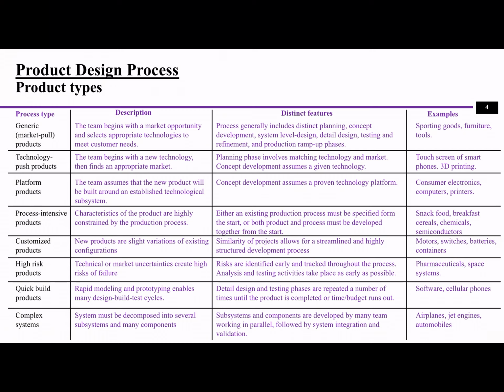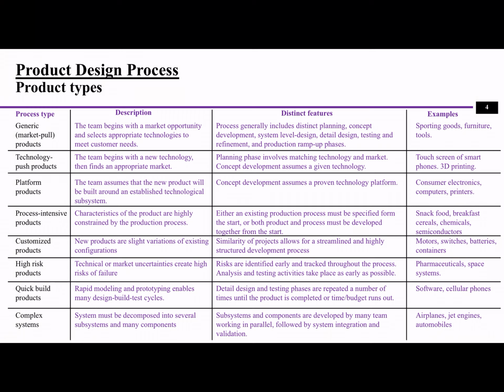Another type is complex systems. Complex system type products are more like jet engines, airplanes, automobiles. All these kinds of products have a lot of subsystems and components, and having all these subsystem components work together as a whole system requires a lot of work, and also requires a lot of validation and integration.